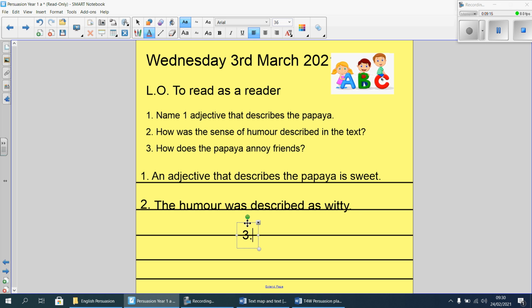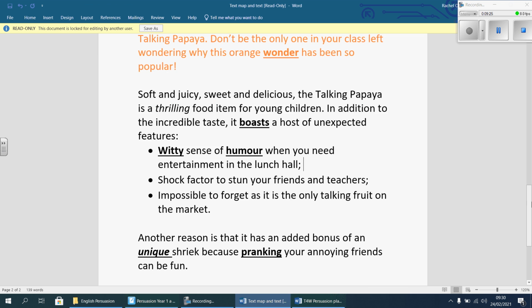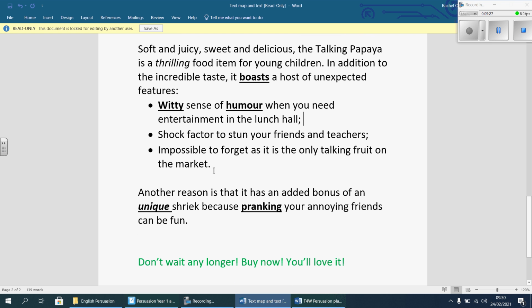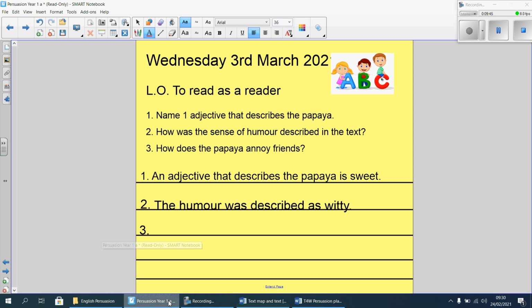Number three. How does the papaya annoy friends? Well, that's there on one of these points here. Another reason is that it has an added bonus of a unique shriek, because pranking your annoying friends can be fun. So that's the reason that it annoys friends. So the unique shriek. Can I just write unique shriek?